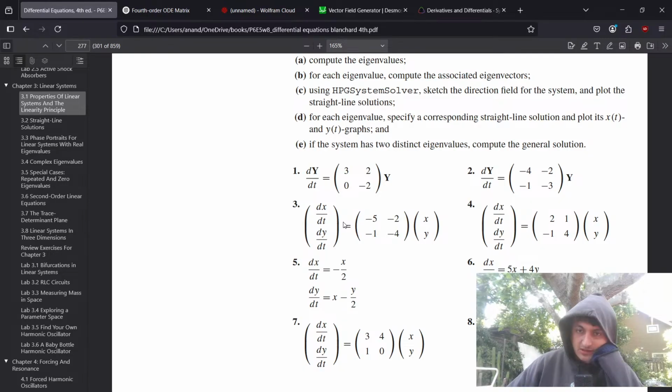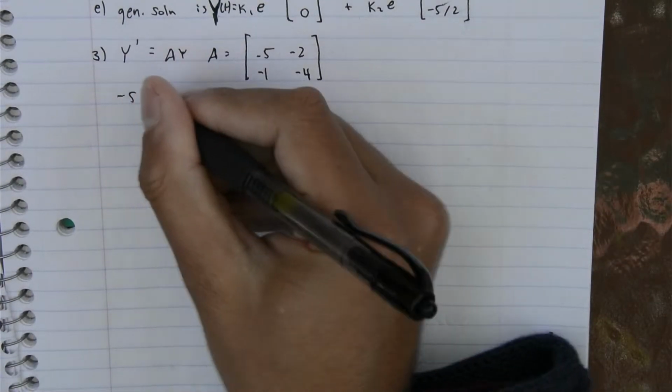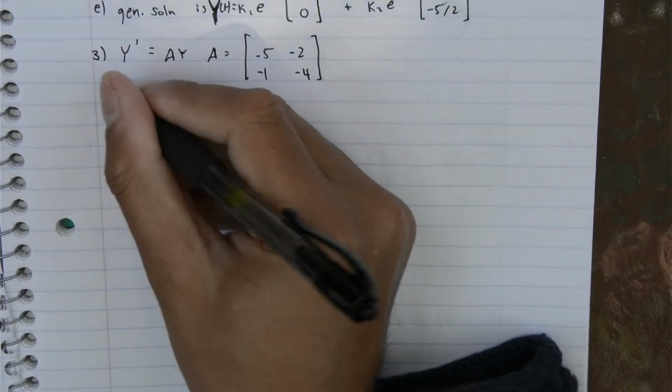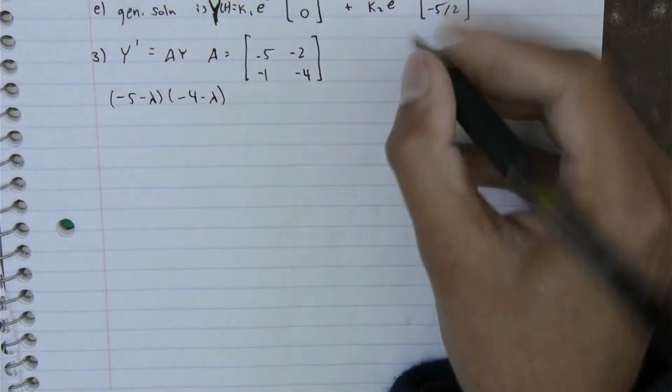All right, so we need to find the eigenvalues. I'm just going to do a few of these just to hammer it in. Let's just do the equation again.